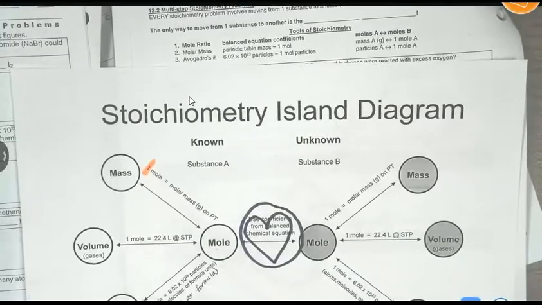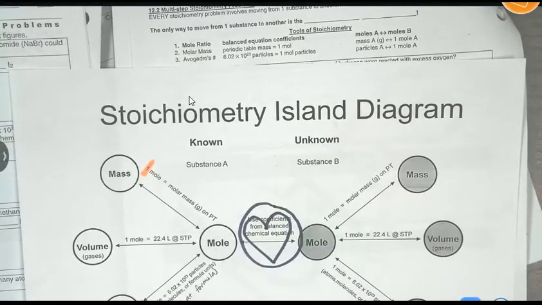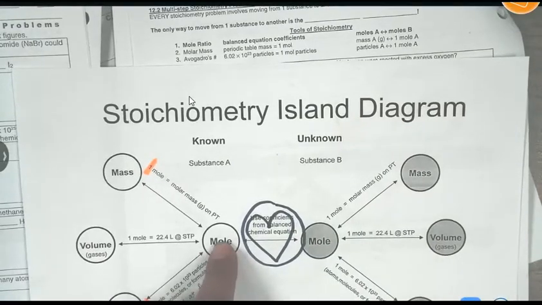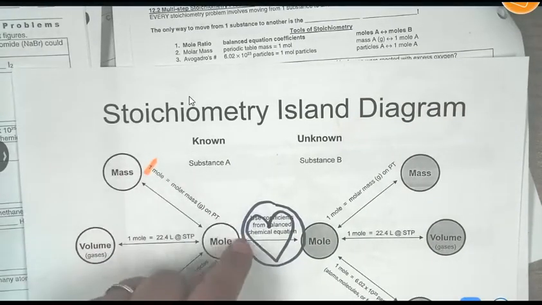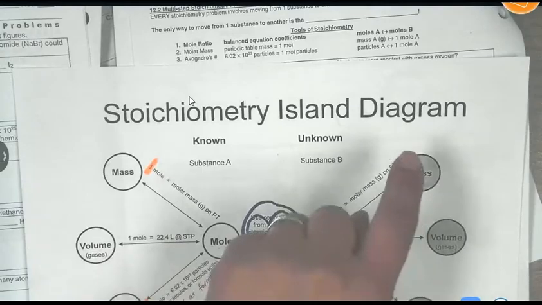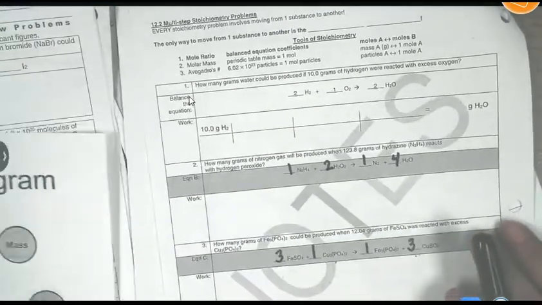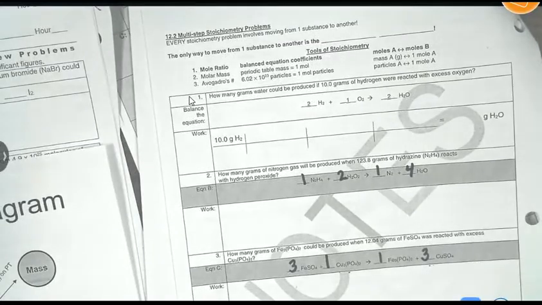But what you can see is that this is definitely 1, 2, 3 steps. All right? I can't go straight to moles. I have to go from mass to moles using molar mass, then from mole to mole using the mole ratio, and then mole to mass using the molar mass on the periodic table.